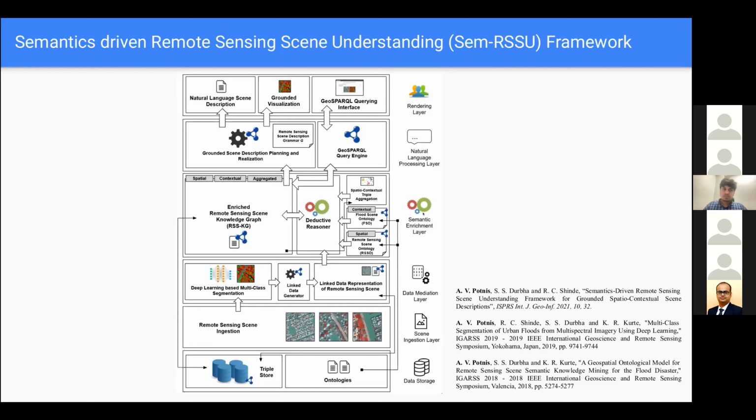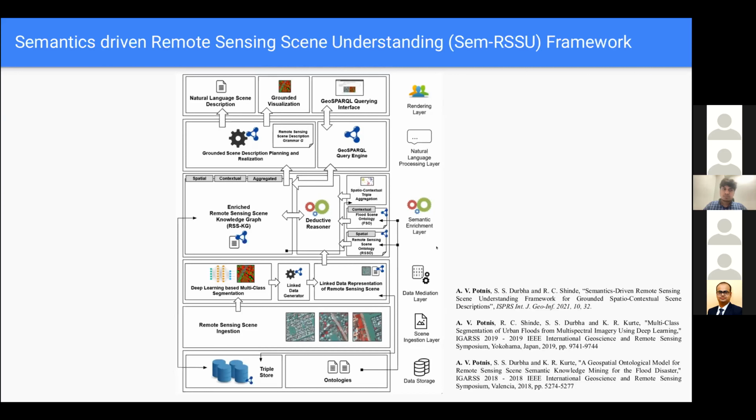But this is the semantic enrichment layer, which is essentially going to teach the machine the context of data that needs to be understood. And then comes the natural language processing layer, which translates the generated knowledge graph into a natural language sentence. And at the rendering layer comes the rendering of the output in the form of natural language scene description. There is a grounded visualization and a GeoSPARQL query interface.